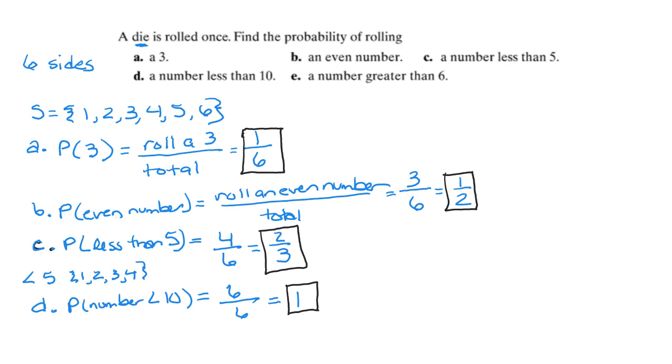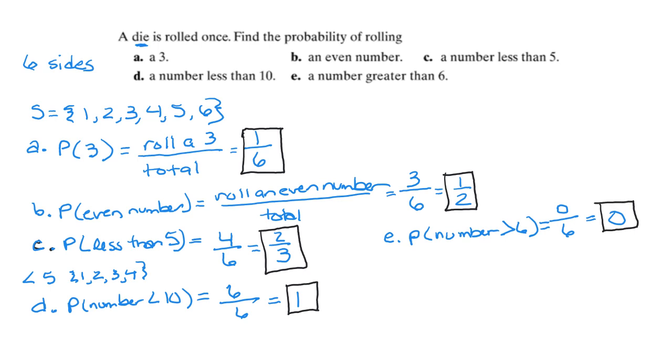All right, and then we have E. And E says, what is the probability of a number greater than 6? So we look at our sample space and we ask how many numbers are greater than 6? Well, there is 0 greater than 6 divided by the number of elements in our sample space, 6. 0 divided by 6 is 0.